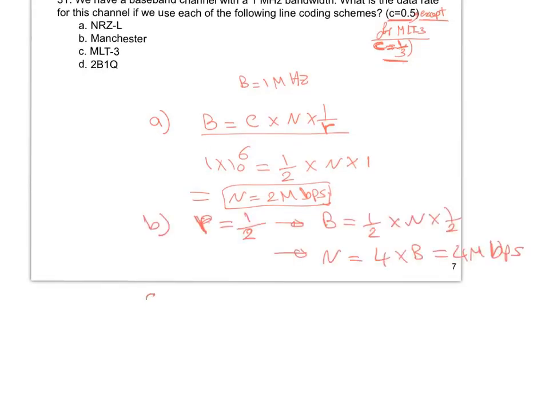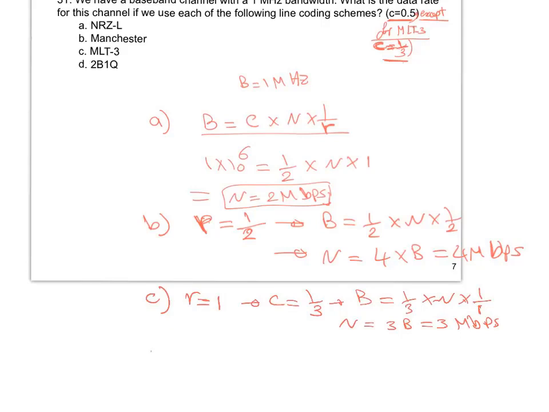For case C, for MLT3, R is still 1, and C is 1 over 3, so the bandwidth equals 1 over 3 times n times 1 over R, R is 1, which makes the bit rate 3B, that's 3 megabits per second.